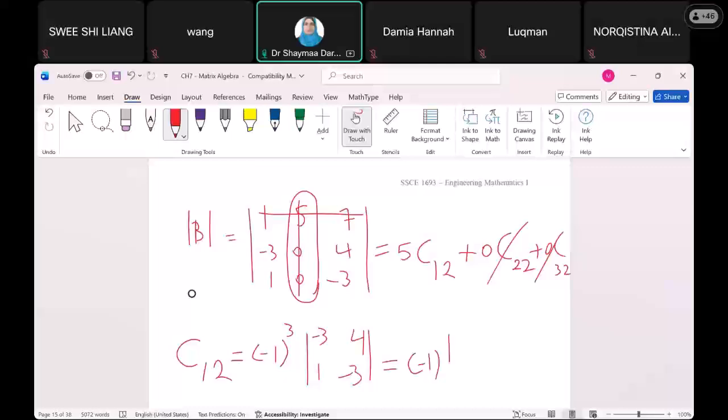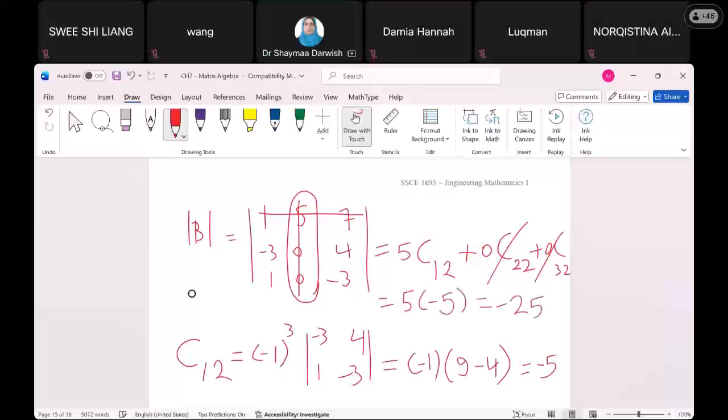The minor here: minus 3 times minus 3 is 9, 9 minus 4, so it will be 5. Minus 5. So the determinant will be 5 times minus 5, which is minus 25. So the determinant of the matrix P is minus 25.